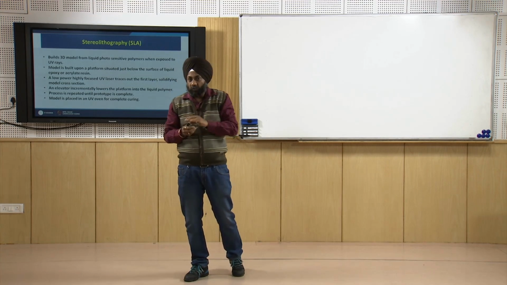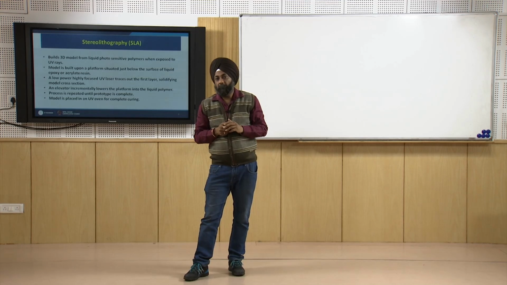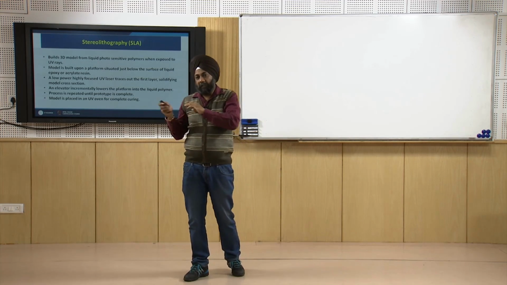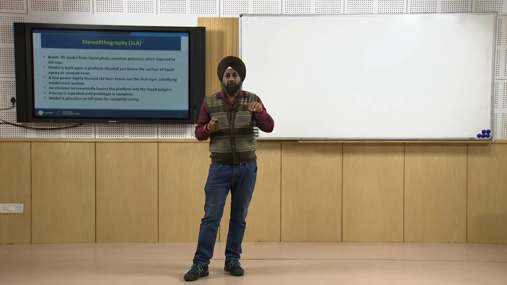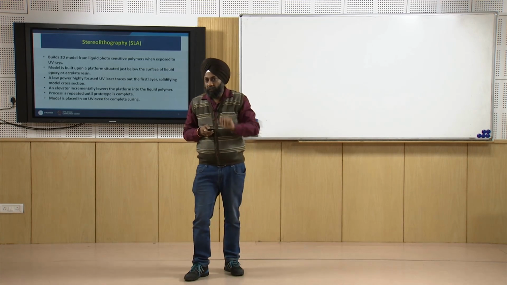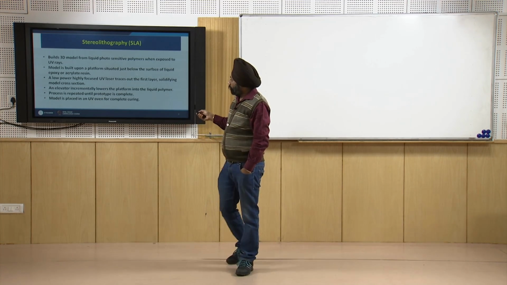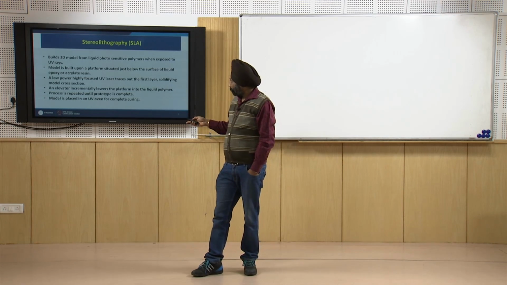So we should know how many layers will make up the complete prototype, and then layer by layer a rapid prototyping machine will create a model from the liquid photopolymer using the UV laser gun, and it can be converted into a final prototype. So this is the process mechanism of the stereolithography apparatus.